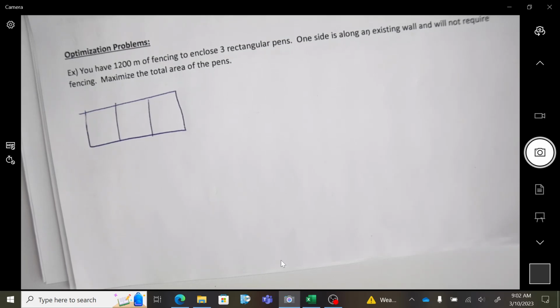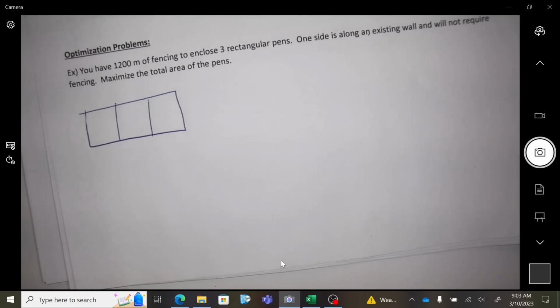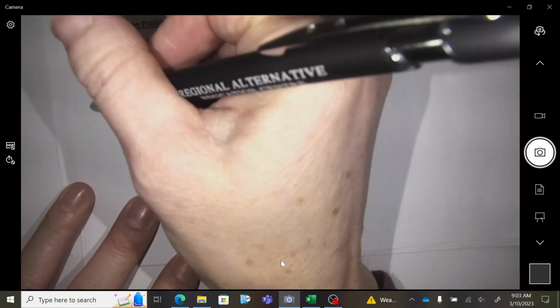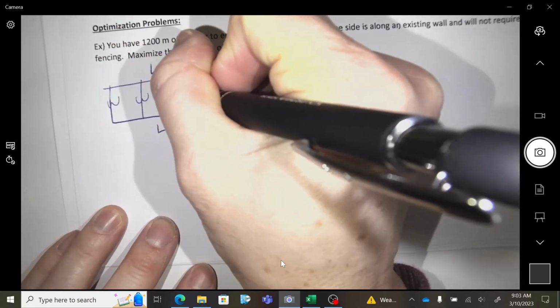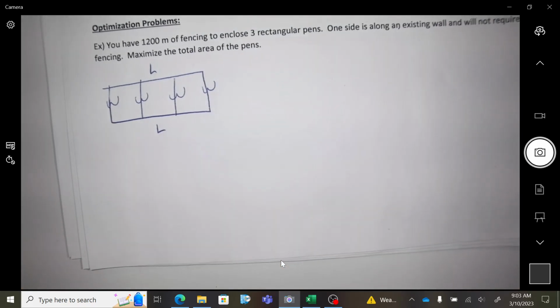Can you give me some L's and W's on your diagram? Okay, I'm going to put the top and the bottom sides with L, and then W. It doesn't matter if you did it the other way, we would get to the same in the end.